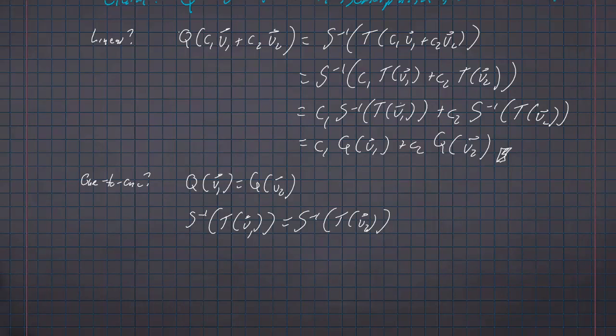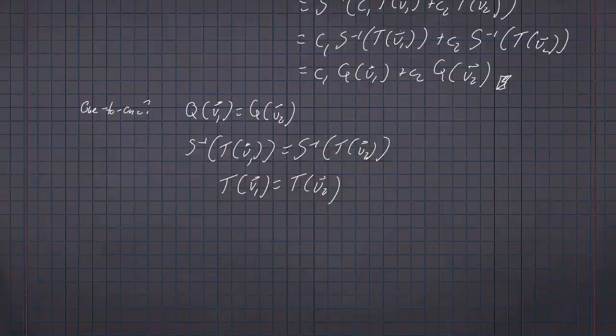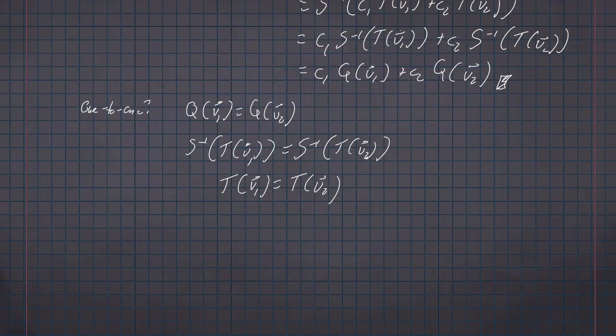So S inverse of one vector is equal to S inverse of the other vector if and only if those vectors themselves are equal, because S inverse is one-to-one. Likewise, T is one-to-one. So T of V1 is equal to T of V2 if and only if V1 is equal to V2.